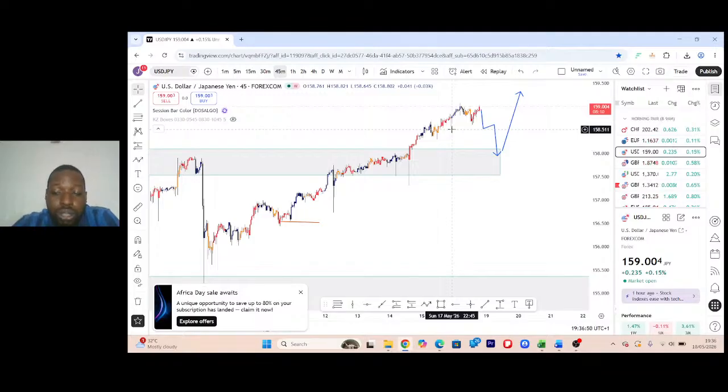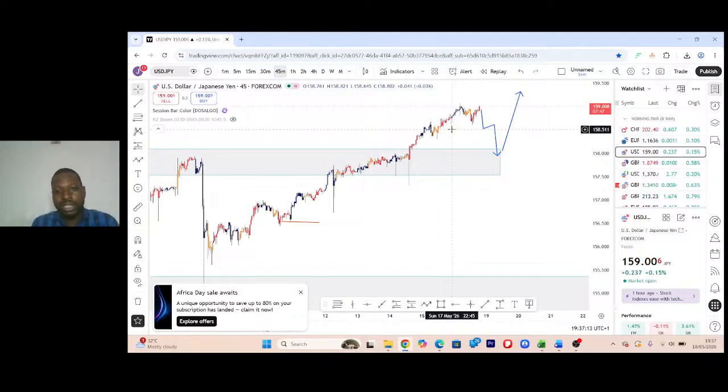If you are seeing buy on GBPUSD and you go to USDJPY and see the same buy, just know that your GBPUSD setup is wrong, so the probability that the trade may not go well is high.